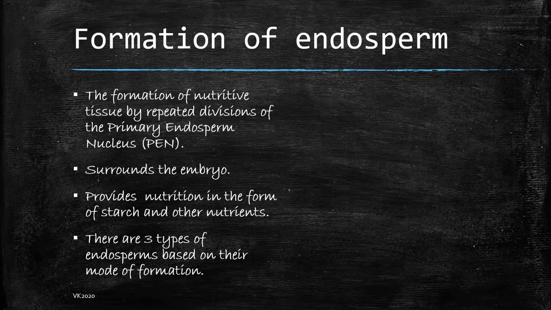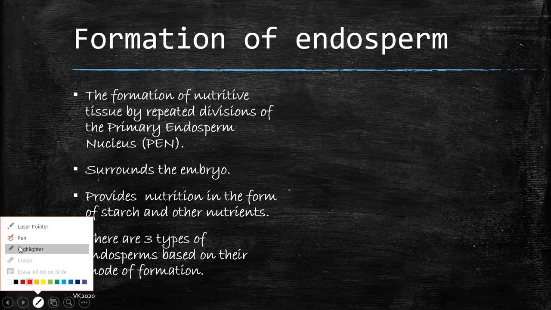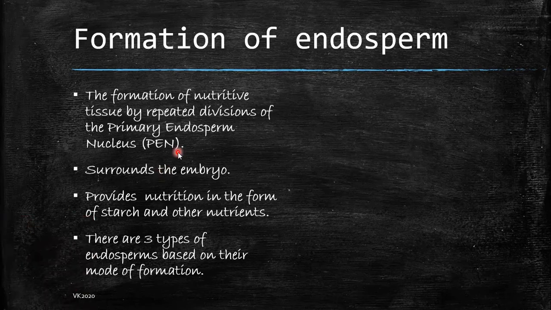It is a nutritive tissue which forms by repeated divisions of the primary endosperm nucleus. Each of these nuclei is triploid in nature and they totally surround the embryo, because the embryo needs to derive nutrition from them. It provides nutrition in the form of starch and other nutrients, one of the simplest forms of food.